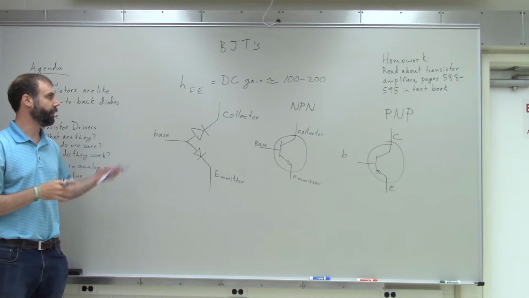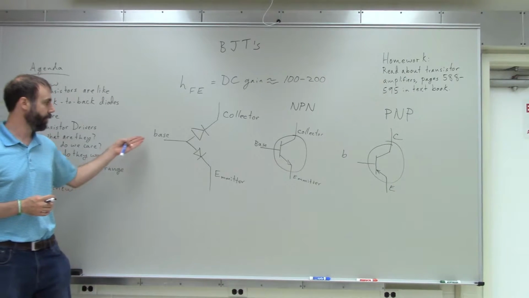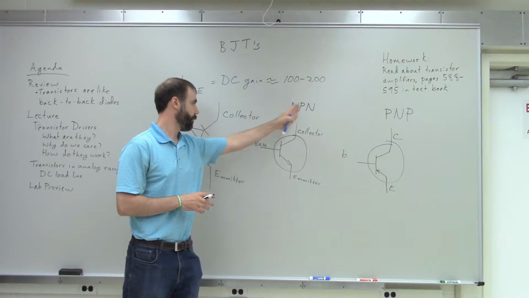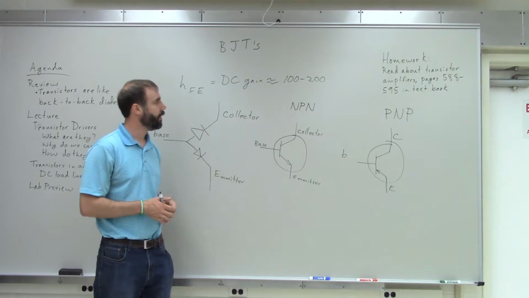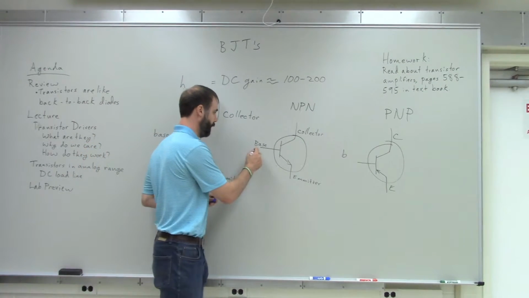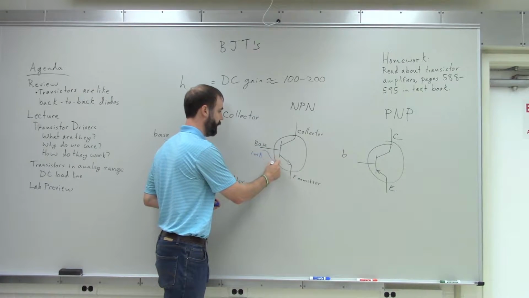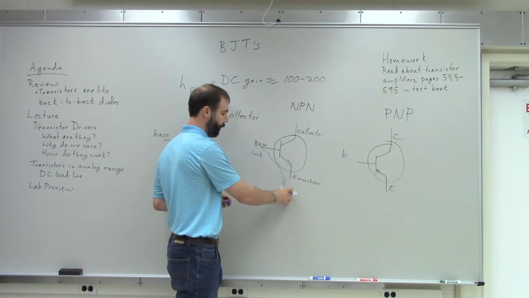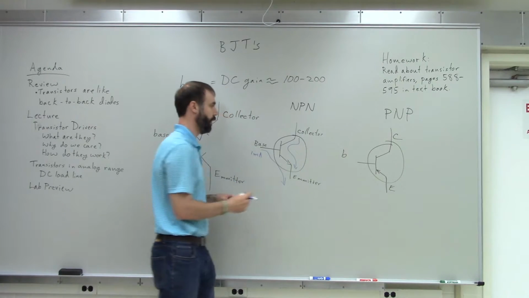So the gain, this DC gain, related the amount of current that went into the base to the amount of current that came out between the collector and the emitter, right? So if we had a gain of 100 and we had 1 milliamp flowing into the base, how much current could we have flowing from the collector out through the emitter?